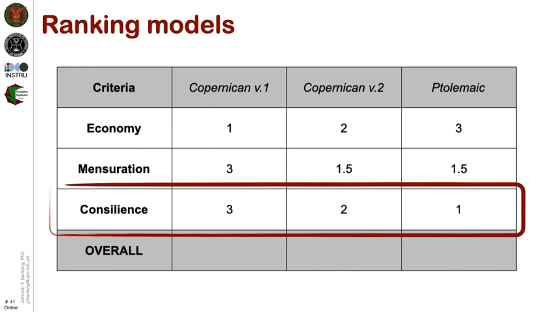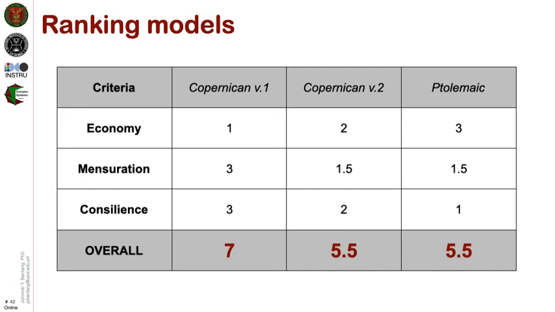The version 2 of the same Copernican model can be said to be slightly consilient. These evaluations result in a sum of ranked numbers as shown here in each column. The Copernican model version 2 is, in the best case scenario, just as good as the Ptolemaic model, with a score of 5.5 for both of them, and the Copernican version 1 having 7.